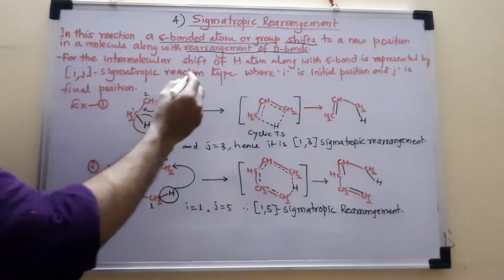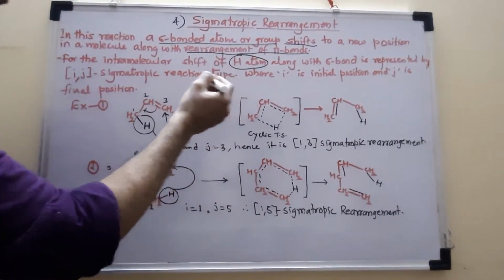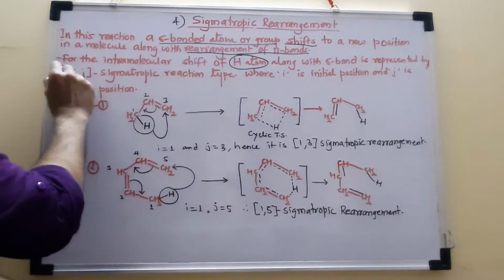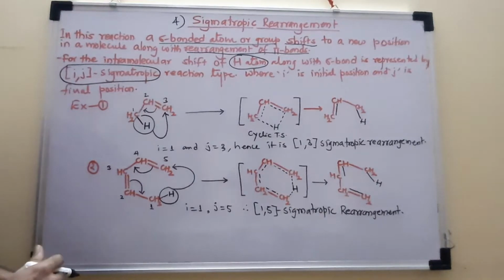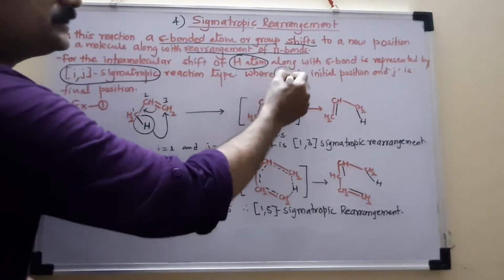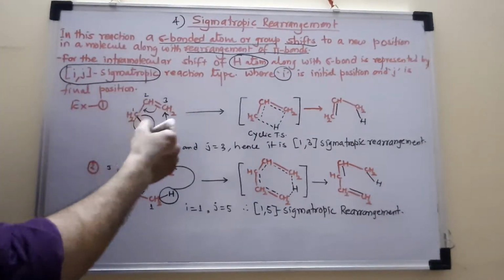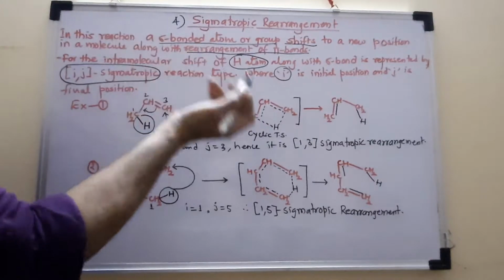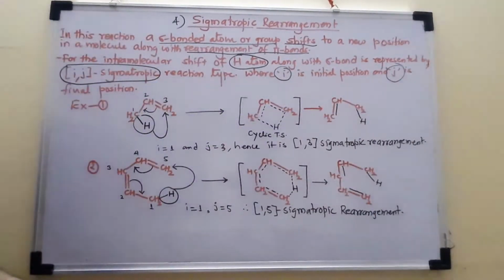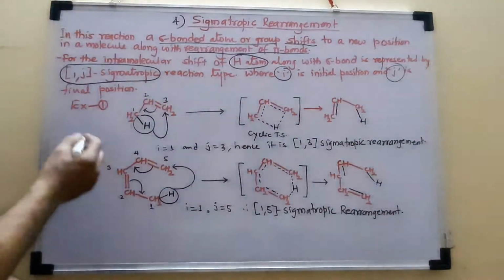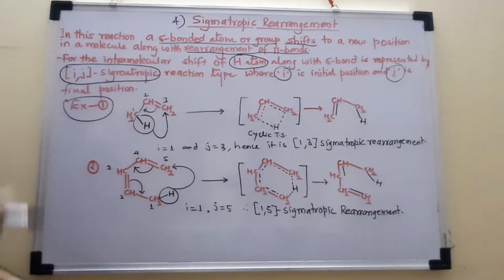For example, when hydrogen is shifted along with a sigma bond, the sigma-tropic rearrangement is represented by an Ij sigma-tropic rearrangement, where I is considered as carbon 1 where the hydrogen is present, and after the rearrangement, the position taken by the hydrogen is represented by J. It is another number. To clarify this, I am considering two examples here.